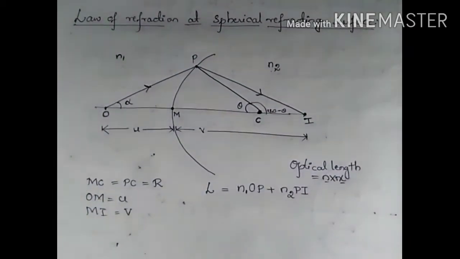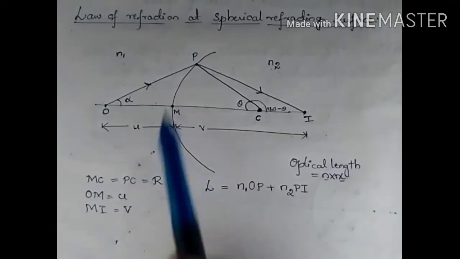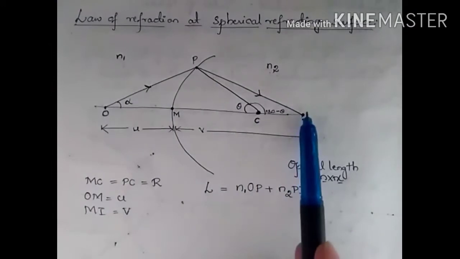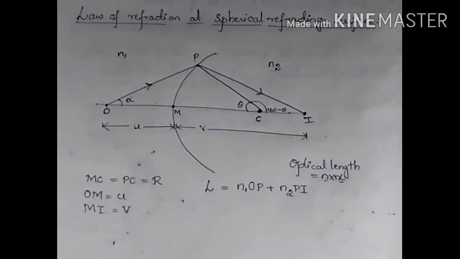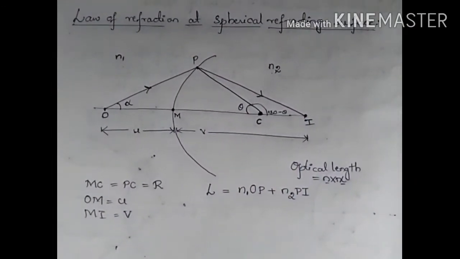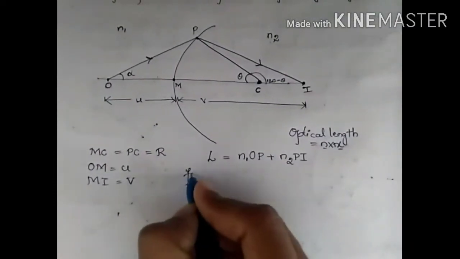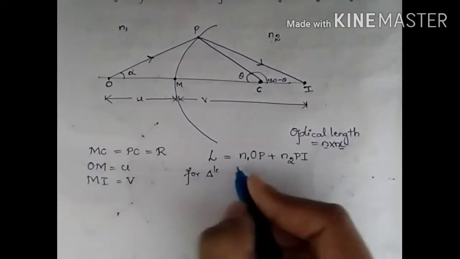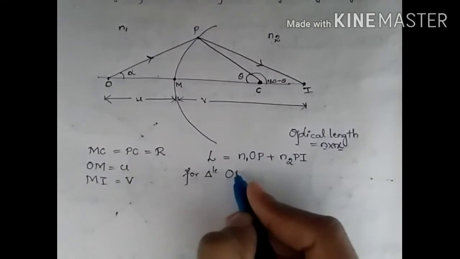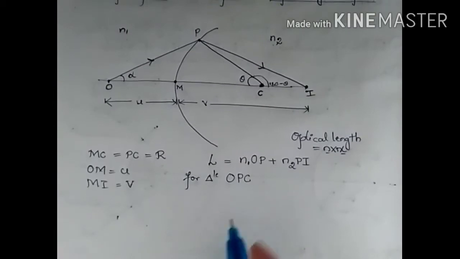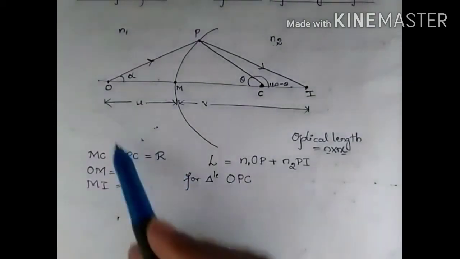So now you have the two triangles here, OPC and PCI. For triangle OPC, if you apply the cosine rule, then what can you write?